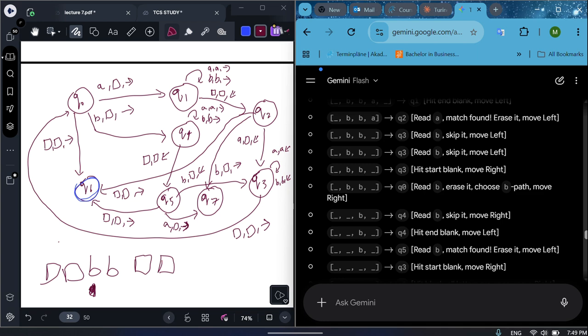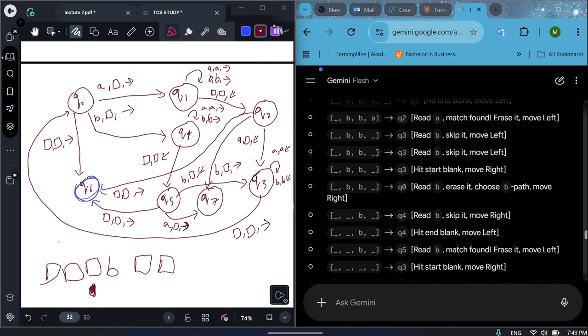Now the moment you read a B, erase it and choose the B path. So we erase this and we choose the B path. This is the B path that we were talking about. And in the B path, because there is no rule for A to go somewhere except for Q1, and that's the path of A. And if it reads a B, then it will always go to Q4.